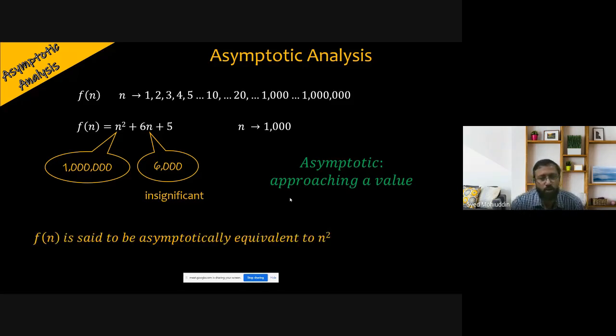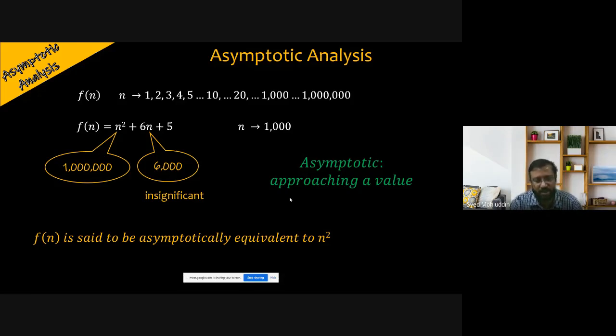So now, in terms of asymptotic analysis, we can say that the function f of n, which is n square plus 6n plus 5, is said to be asymptotically equivalent to n square. We are not saying exactly equal to n square. f of n is n square plus 6n plus 5; 6n plus 5 is there in f of n.